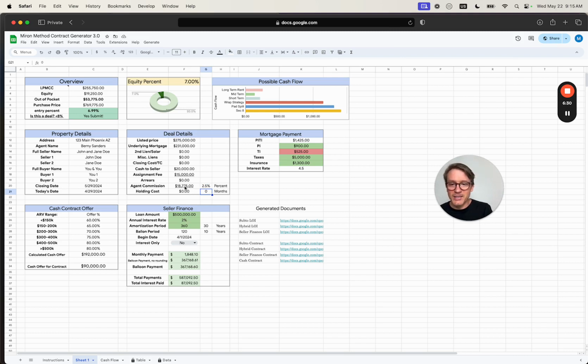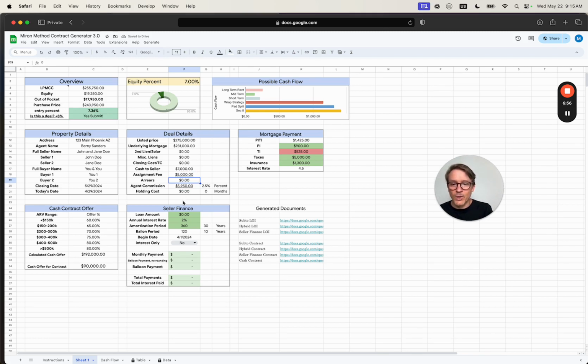Now, this is calculating between the seller finance portion and the mortgage. So if I take away that seller finance portion, it's going to drop that agent commission. Okay. But if I'm going to give $20,000 on almost a $300,000 deal, that's way too high. I'd probably be more like 7. Not even that.